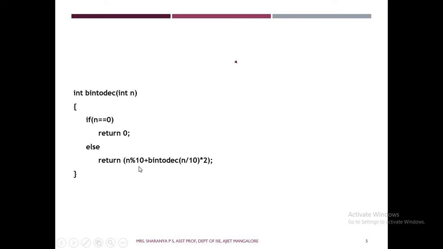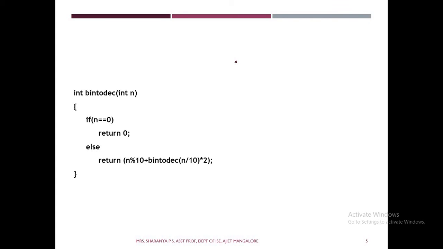Next, I will mention why we have used mod and division. As we discussed previously, the mod operation is used to obtain the last digit, or in other terms, the remainder value.